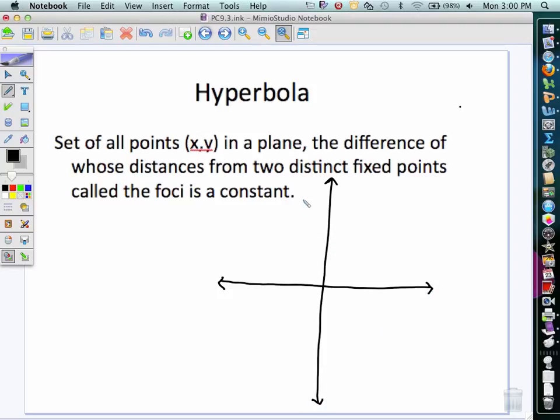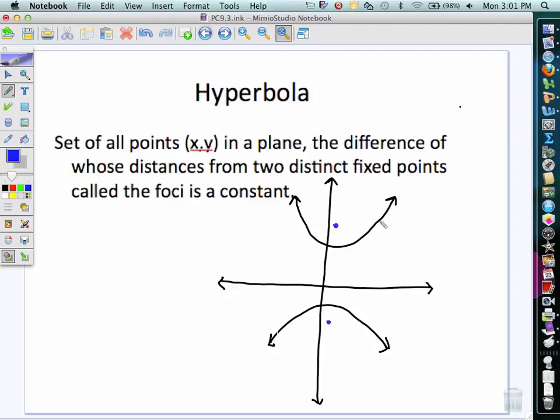This is an example of a hyperbola. A hyperbola is basically two sections, each parabolic, and they each also have a focus here and here.